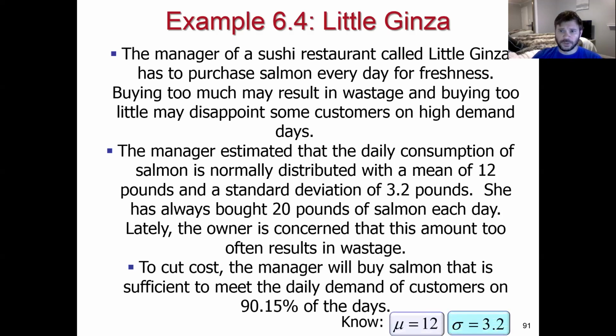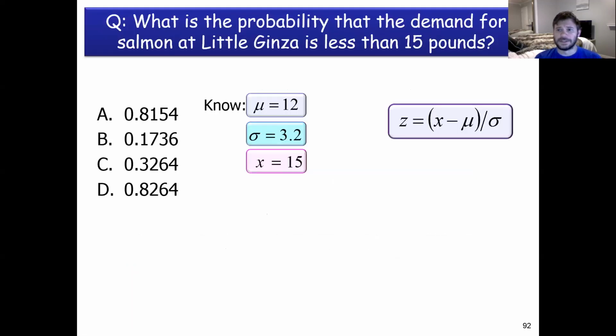Okay, so the first question we're going to look at here is: what is the probability that the demand for salmon at Little Ginza is less than 15 pounds given this distribution information? And again, in X space, what we're being asked is what is the probability that X, the consumption, is less than or equal to 15.